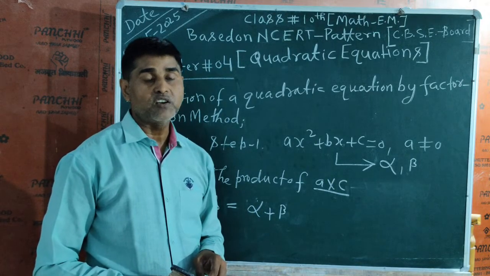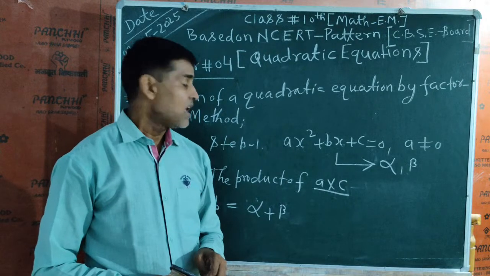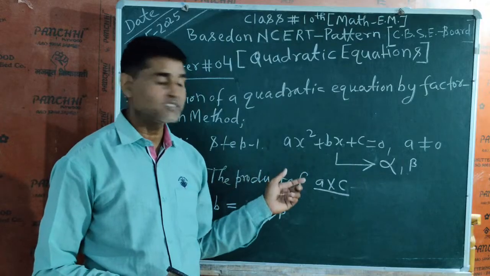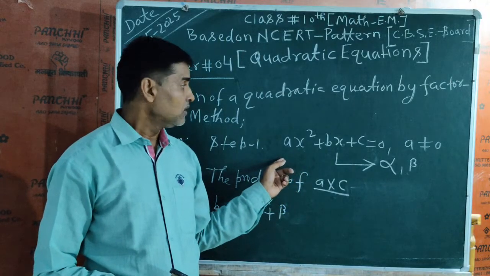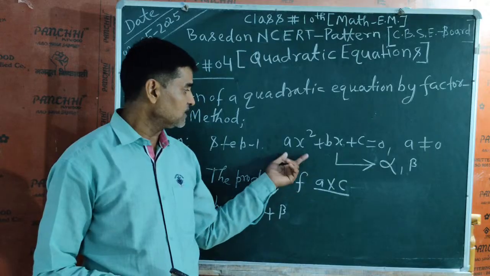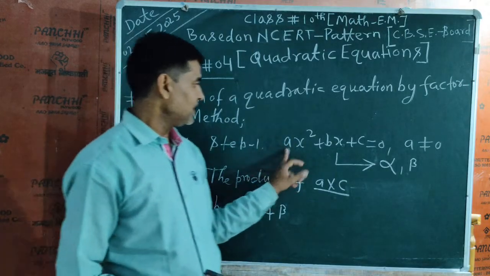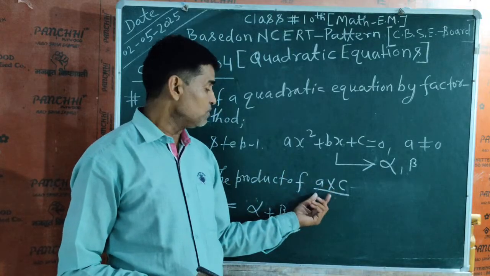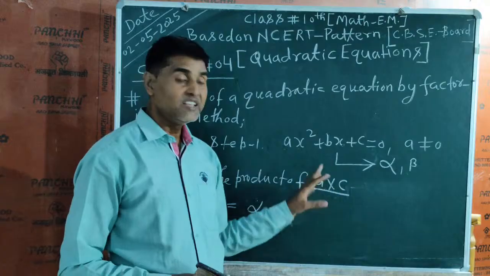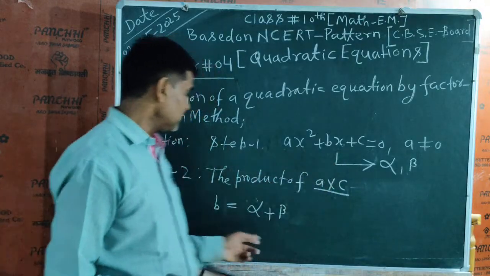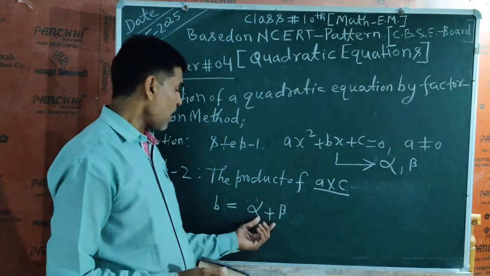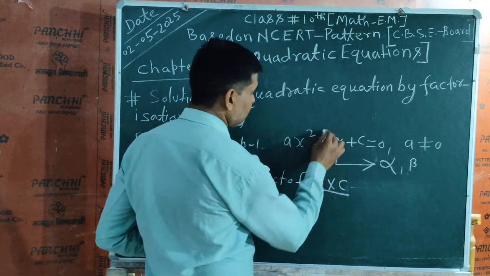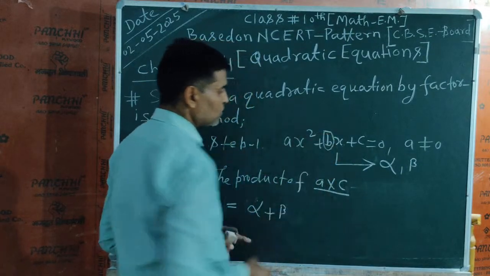So I will use the concept of the factorization method, and then we will find the solution of that quadratic equation. I will take the multiplication of a into c and get a quantity, and I will make factors of that quantity such that their addition gives the coefficient of x.